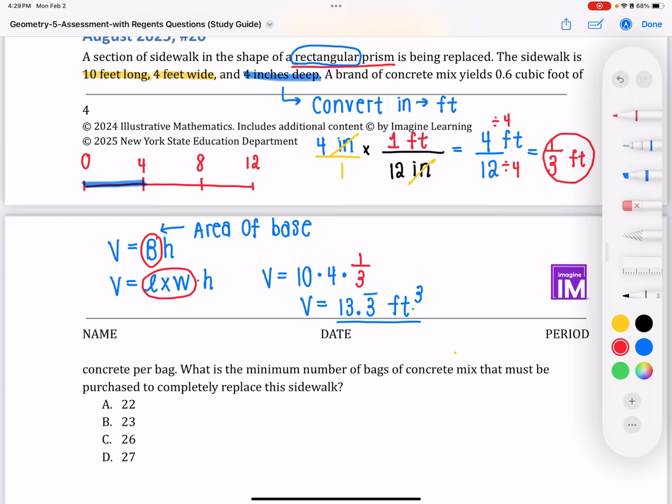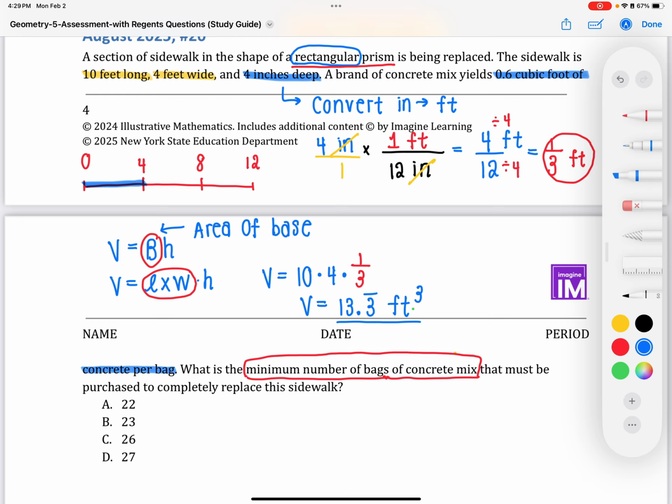The next part is, since we're not trying to find the mass, but we're trying to find a quantity, such as the minimum number of bags of concrete mix that is needed, we then need to find out how many cubic foot fits into 1 bag.